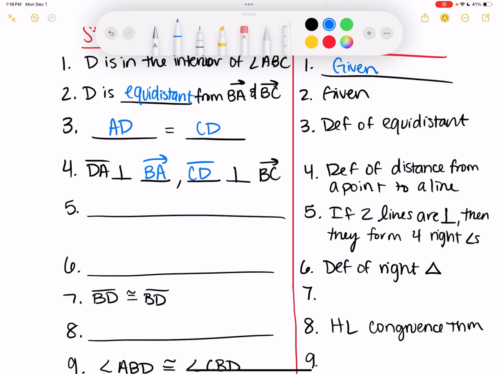All right, so then I don't necessarily know where they're going with this, but let's look at this reason and see: if two lines are perpendicular, then they form 4 right angles. Now, this is a theorem, but this is how they wrote it. We would normally write the theorem number because you have your theorem and postulate book, or you can write it out. That's fine too. So what would have to go here then?